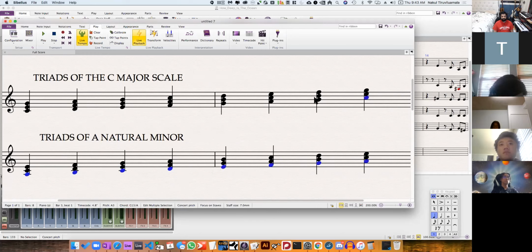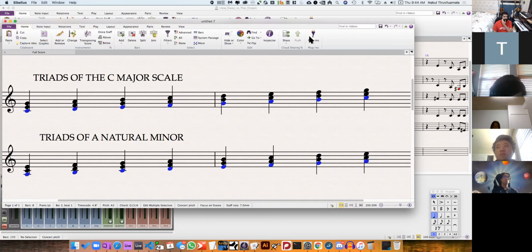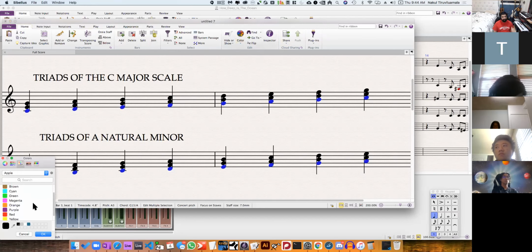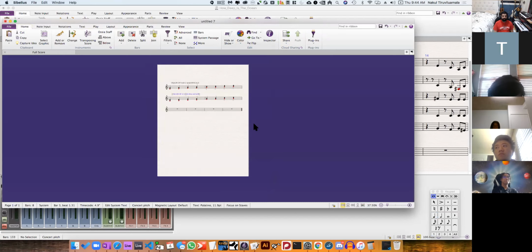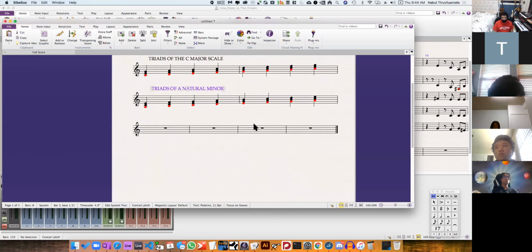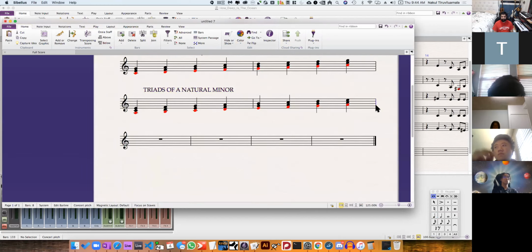And similarly, up here are the notes of the C major scale. Okay, so these are the notes in question, right? So I'll make these marks root for red. Okay, so now we've labeled this correctly, right?